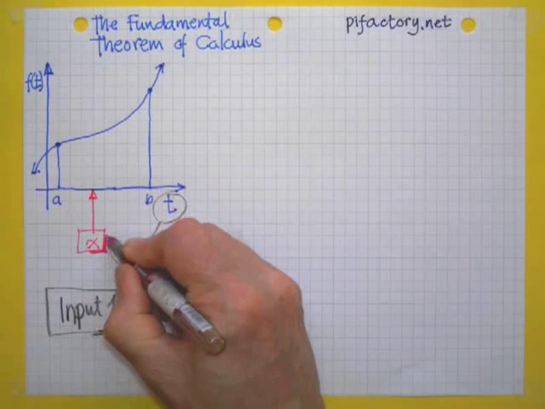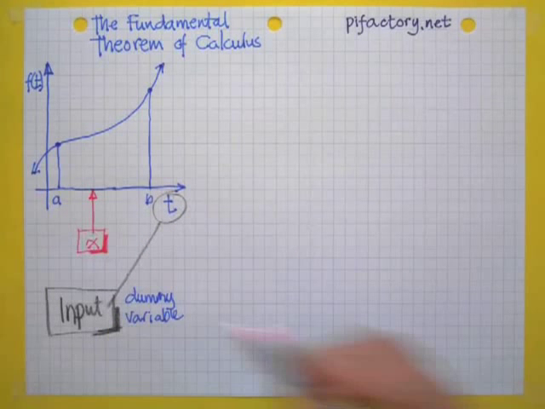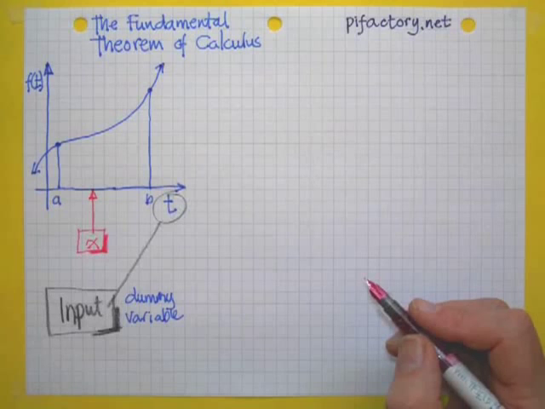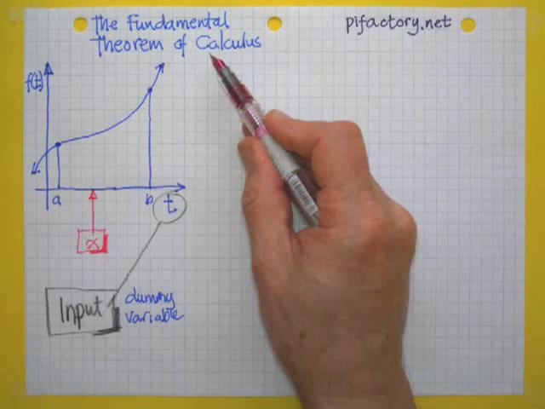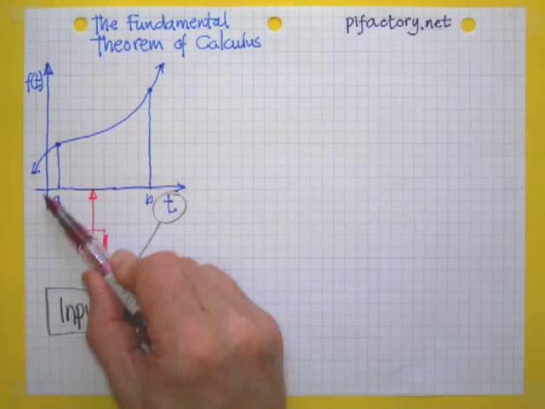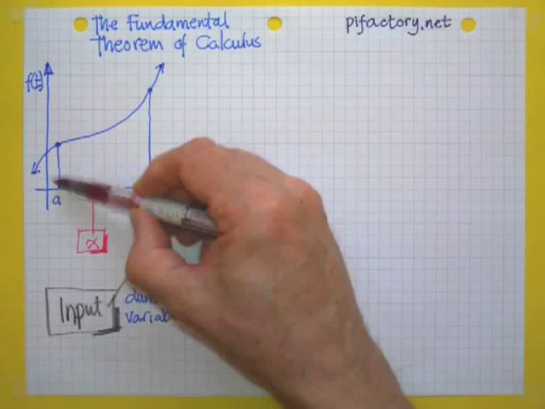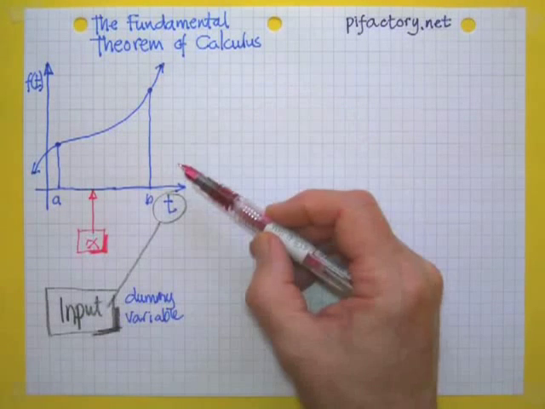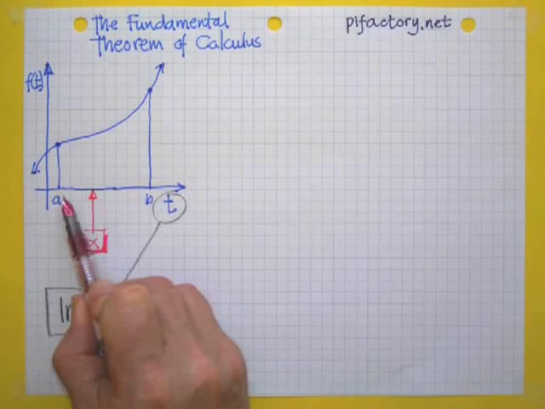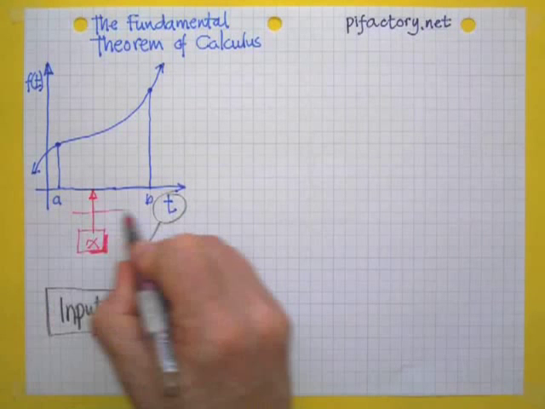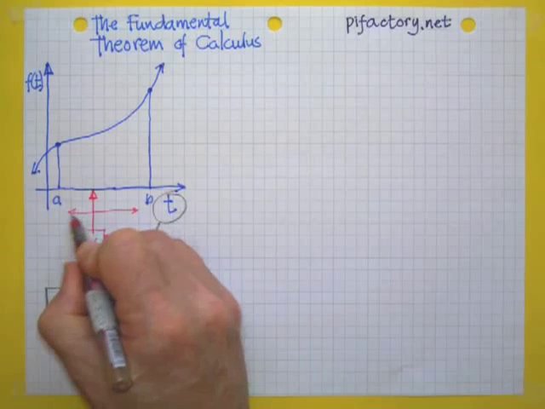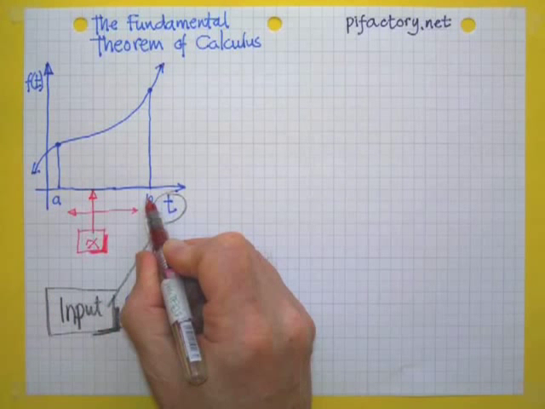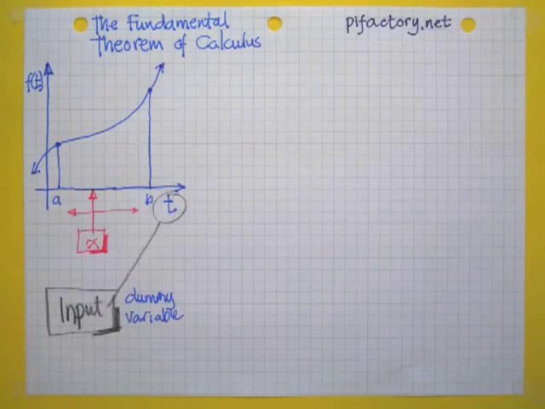And this, I hope, is going to explain some of the notation that we will see in a minute when we look at the Fundamental Theorem of Calculus. So our input is t, our output is f of t, this is f, our function, and x here is going to be a variable that goes inside our closed interval a, b.